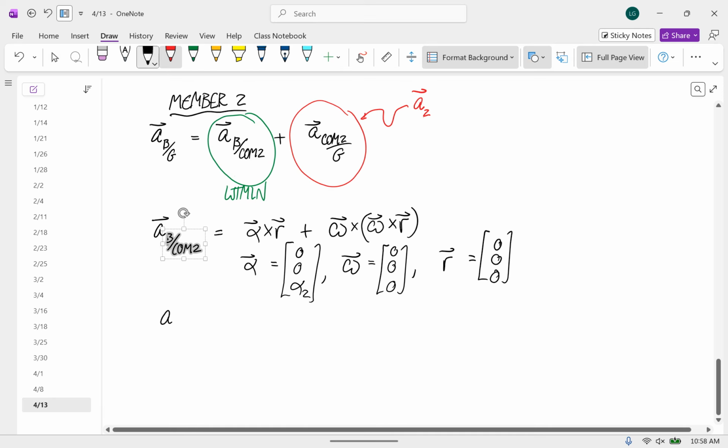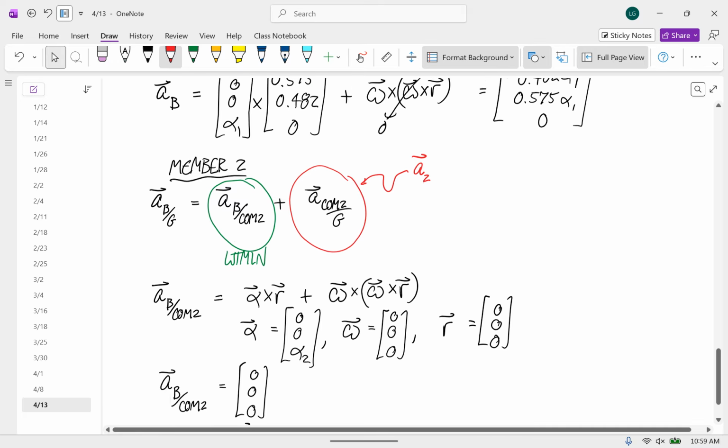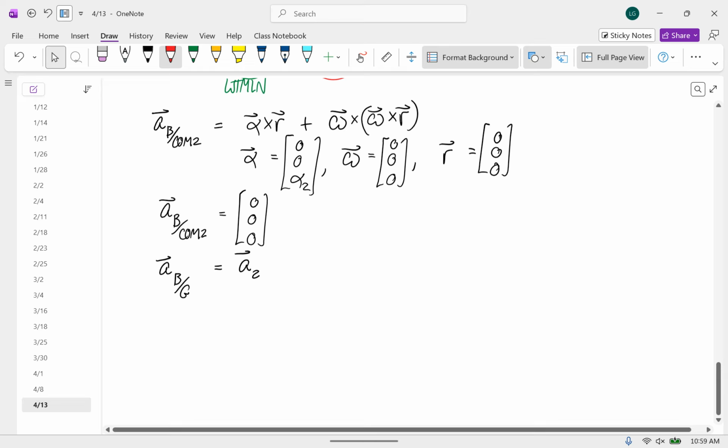So the acceleration of B relative to the center of mass of 2 is equal to 0. And so, therefore, the acceleration of B relative to the ground is 0, 0, 0 plus A2. Okay? And now we can put these two things together.